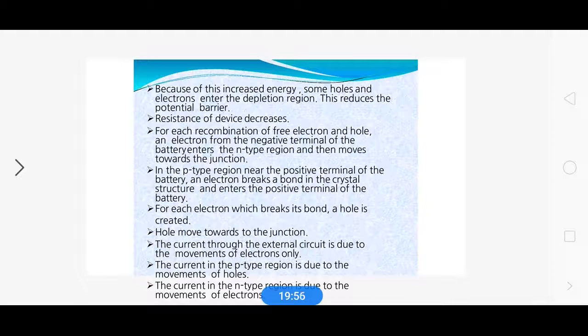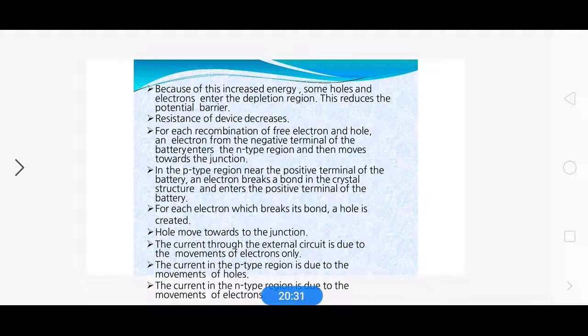And in the P region, near the positive terminal of the battery, an electron breaks a bond in the crystal structure and enters the positive terminal of the battery.